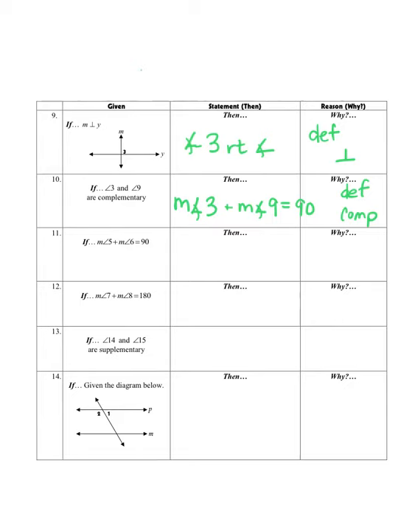If we are told the measure of angle 5 plus the measure of angle 6 is equal to 90 degrees, then we know that angle 5 and angle 6 are complementary. The reason why? Definition of complementary.